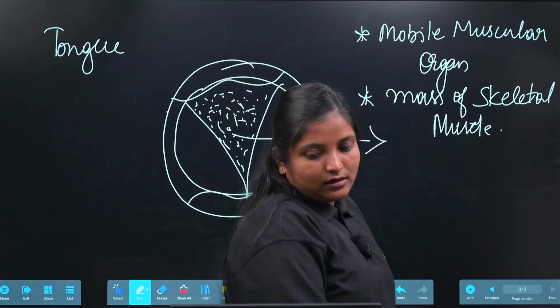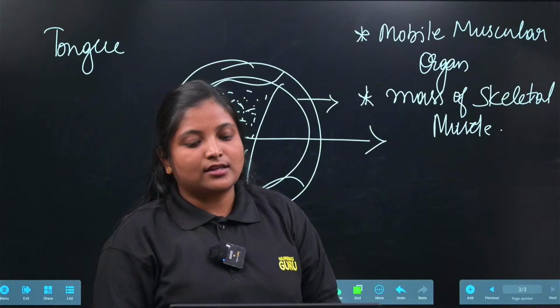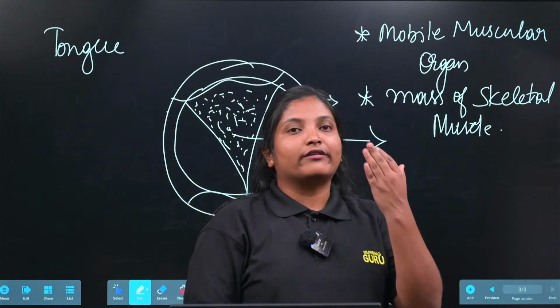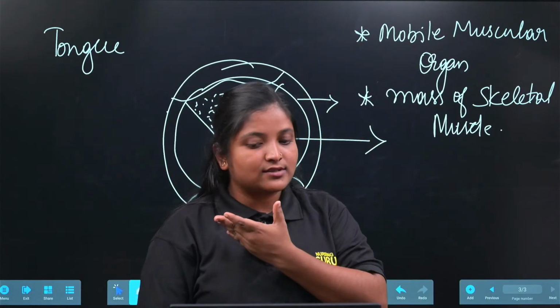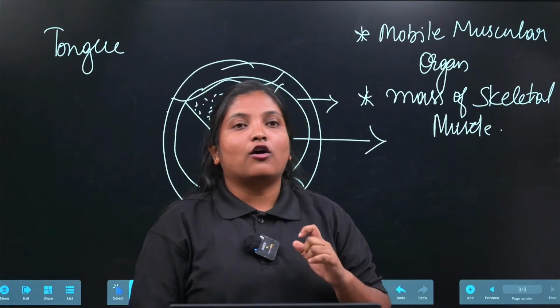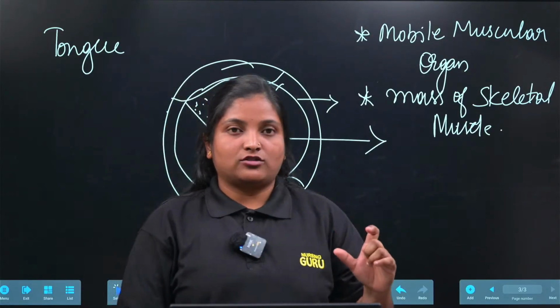The muscle mass is separated into right and left halves by a midline called the fibrous septum.